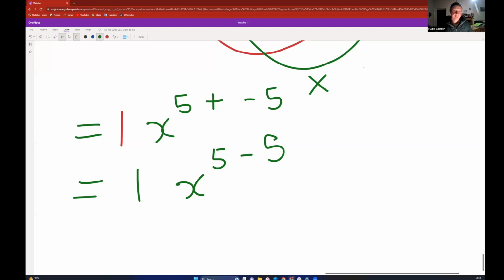Okay, yes, the negative sign always wins. So I basically added, but because that 5 in the power was a negative, that's why it ends up being 5 minus 5. But I actually added, okay? I hope you all understand that.